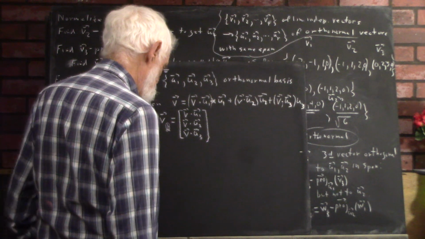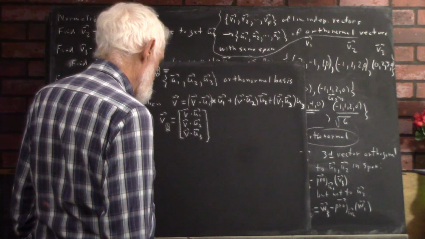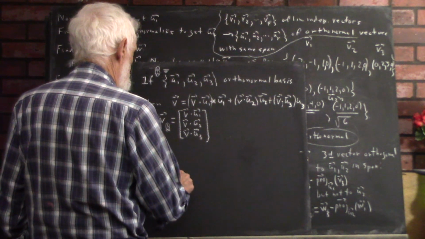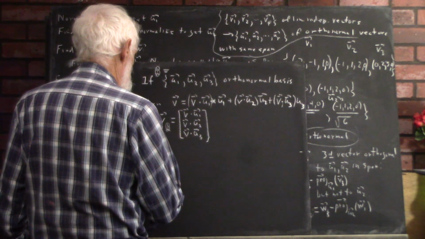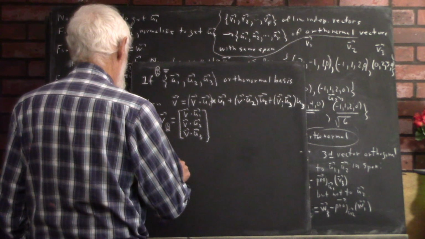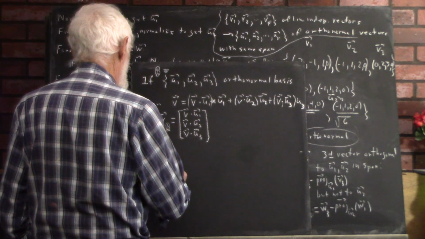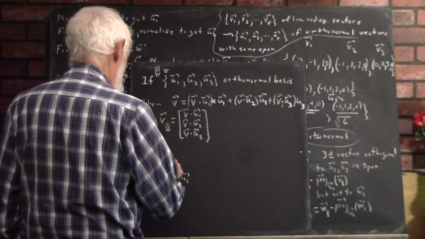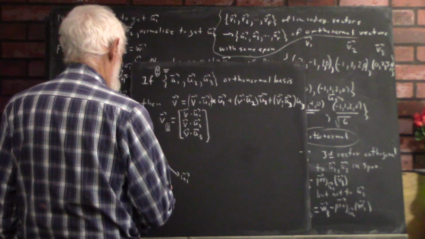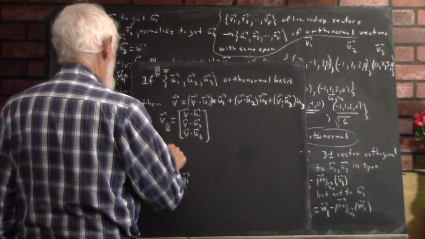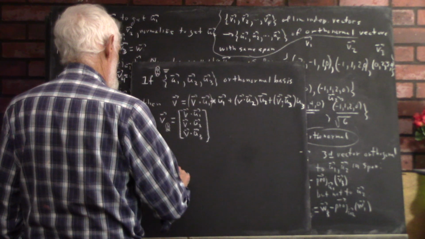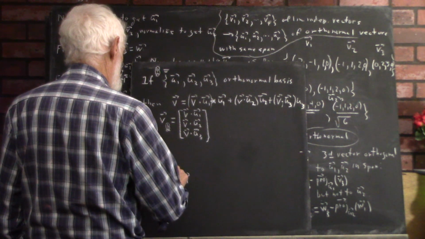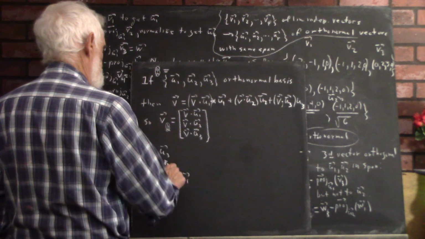A picture is you've got U1, U2, U3. This is orthogonal to this, this is orthogonal to this, and this is orthogonal to this.